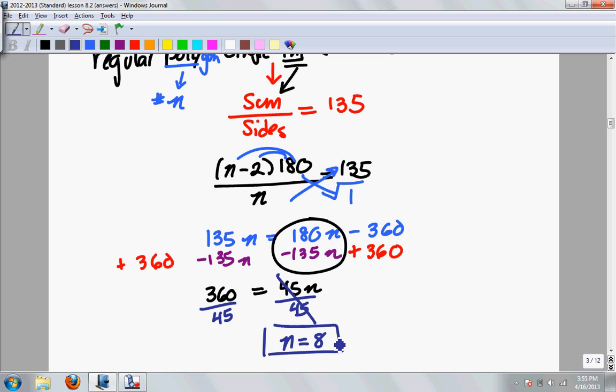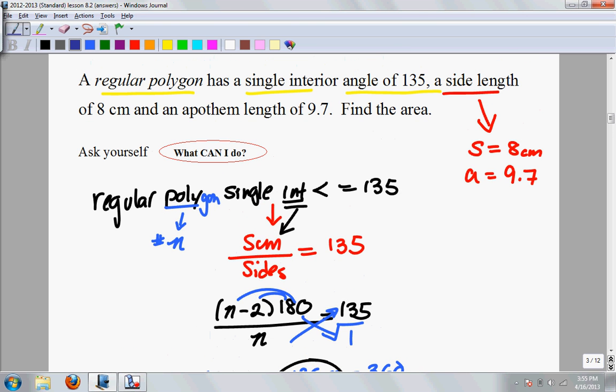Now, that means we have a regular octagon. So now we can find the area. Now we come up to the area, and we have 1, 2, 3, 4, 5, 6, 7, 8 sides, and they're all equal. And we're told that we have one side length of 8 and the apothem length of 9.7.